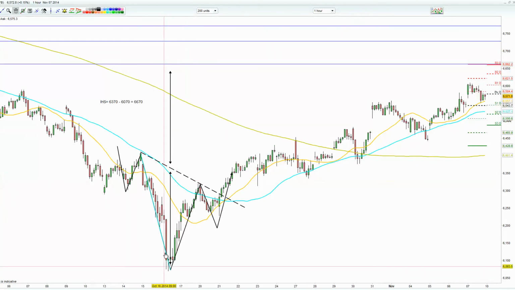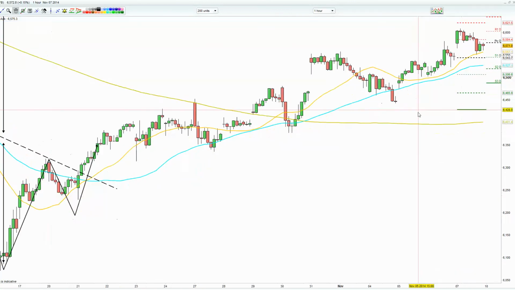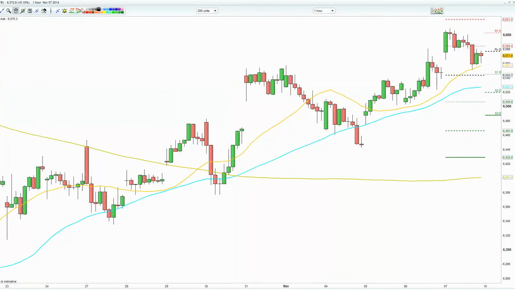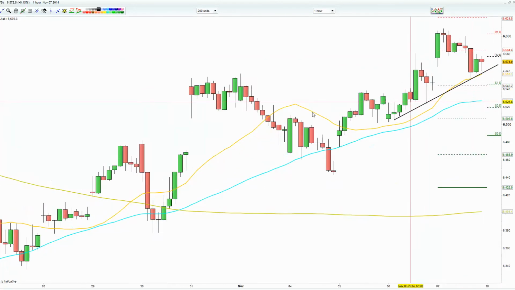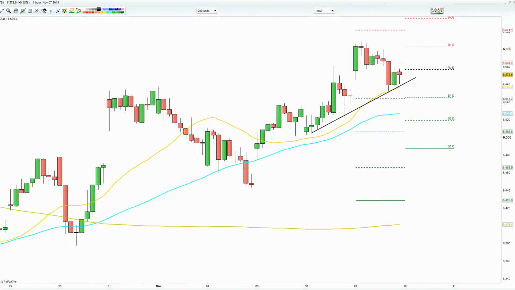Okay, so obviously we know about the inverted head and shoulders 6670 target. Obviously we didn't get anywhere near that, but that target certainly remains in play. What's interesting for me at this present juncture is this pattern here, so watch out for this pattern to play out. You have a bearish engulfing candle in control. Your left shoulder is here, your head is there, and the head was a failed bull flag. Can you see how that green candle opened higher?